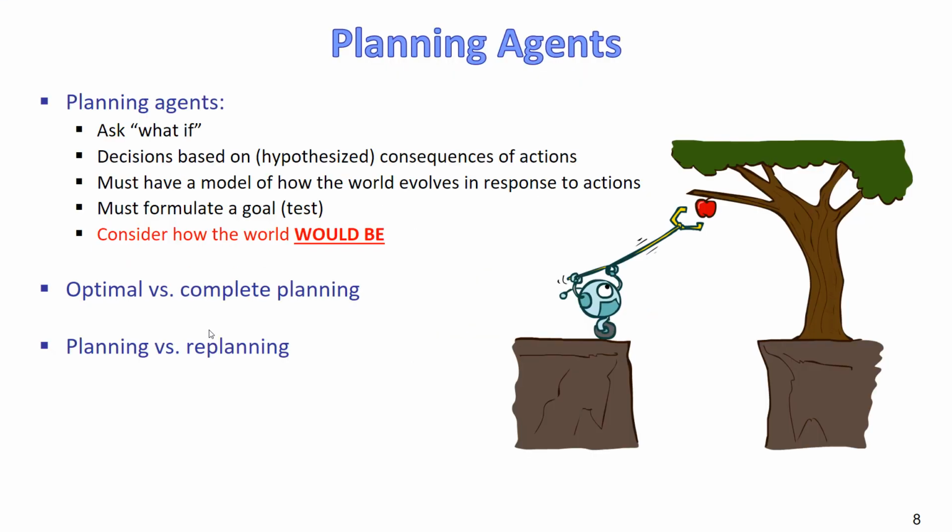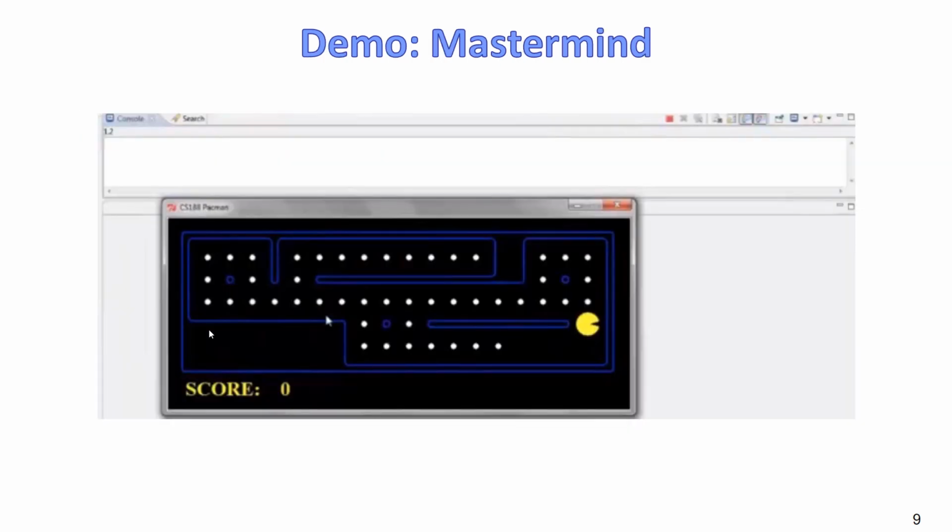Now we will see in an example what is also the difference between planning and replanning. So let's start with what we call a Mastermind Pac-Man, which is a planning agent. Here Pac-Man will plan ahead for a full solution, to the end, from the start state to reaching the goal.